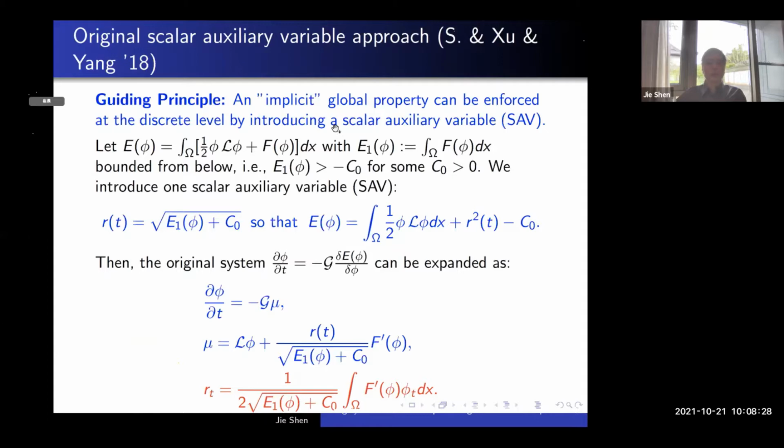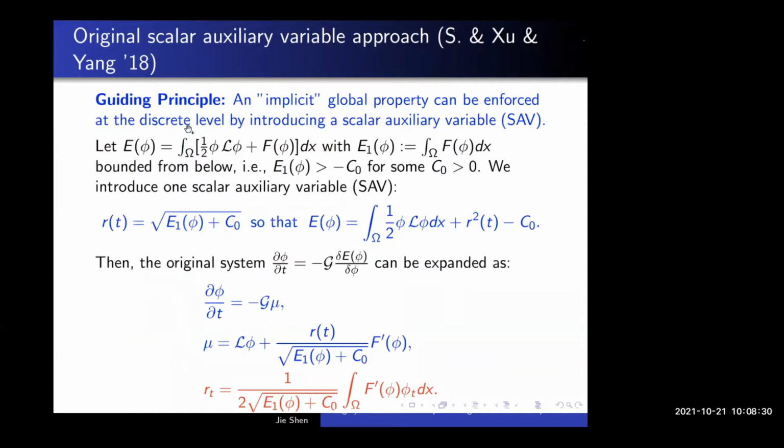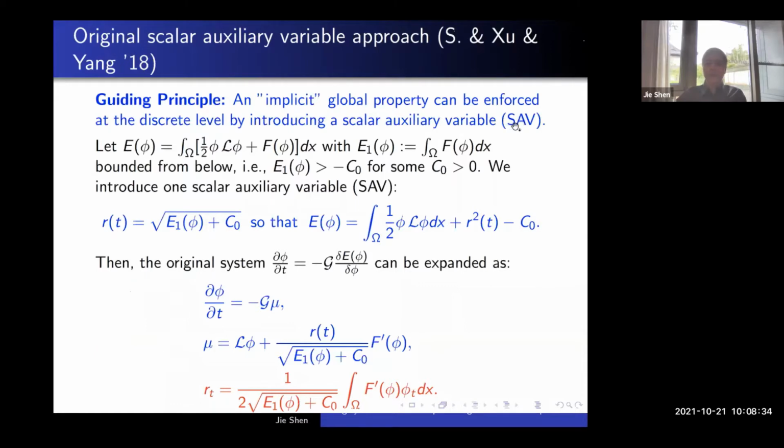So if you want to preserve energy dissipation, what we can do is introduce what we call a SAV. So how do we do that? Suppose I write my free energy as two terms. The first is a linear term, a quadratic term, and the second part is the rest.